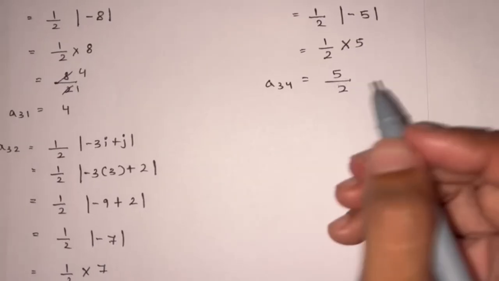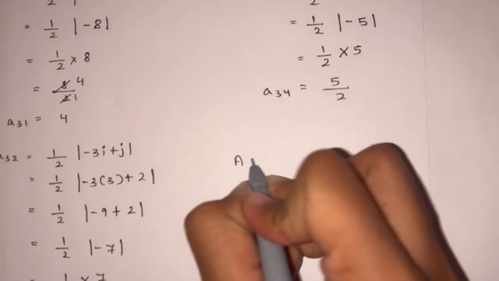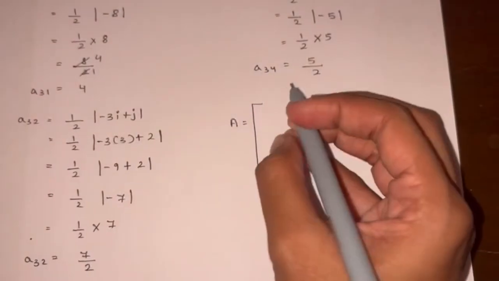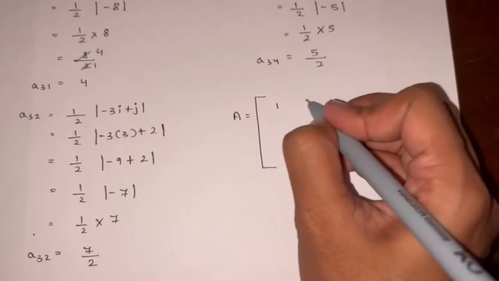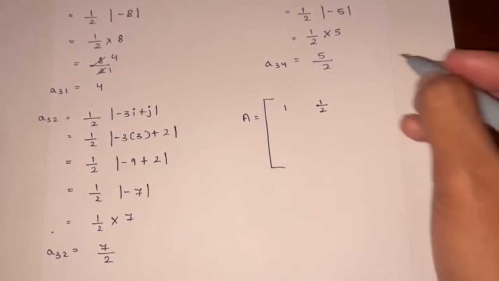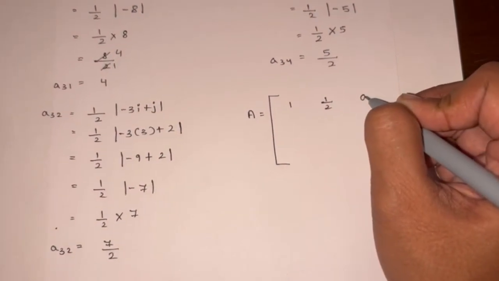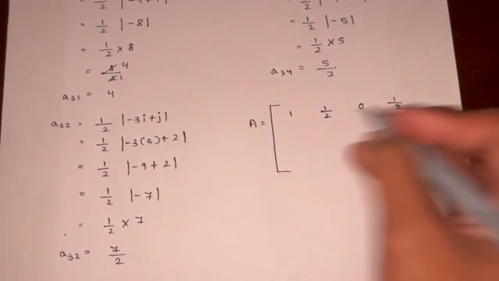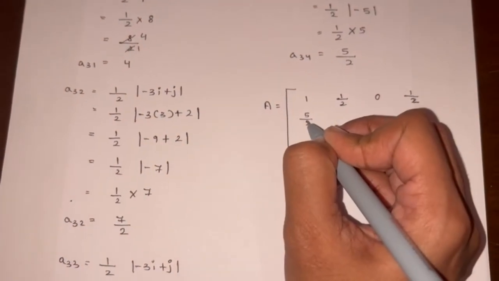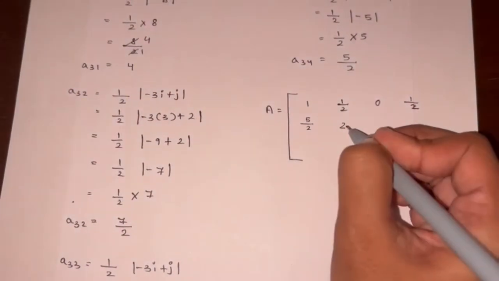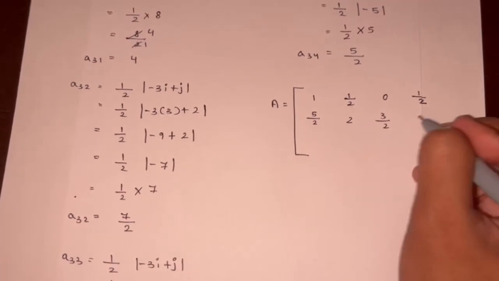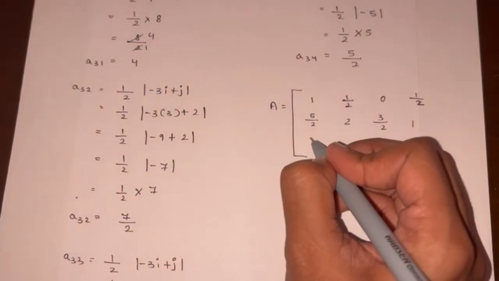Now we will write all those values in matrix A. A is equal to, the value of A11 is 1, the value of A12 is 1 by 2, then the value of A13 is 0, the value of A14 is 1 by 2, then the value of A21 is 5 by 2, the value of A22 is 2, then the value of A23 is 3 by 2, and then the value of A24 is 1, then the value of A31 is 4.